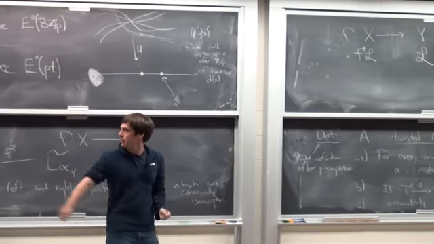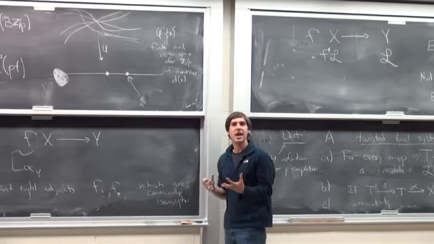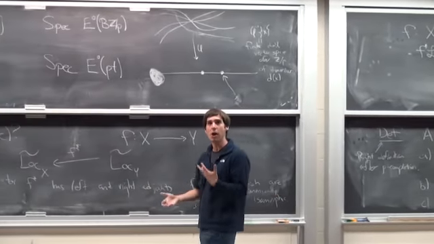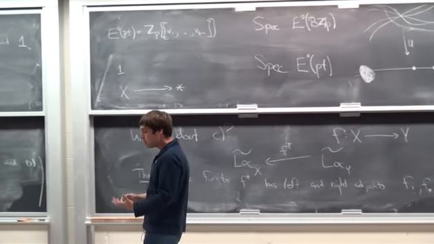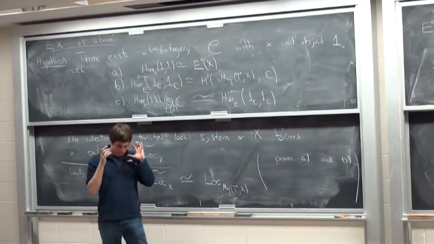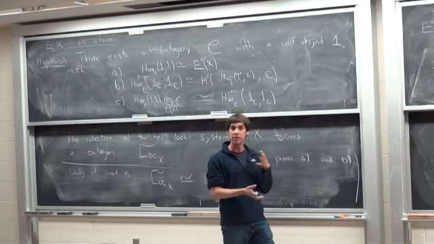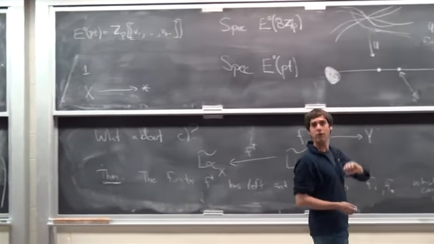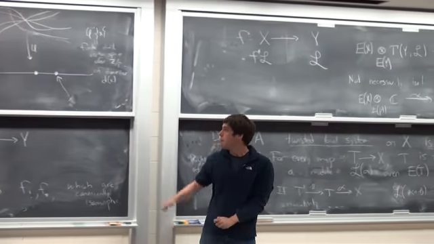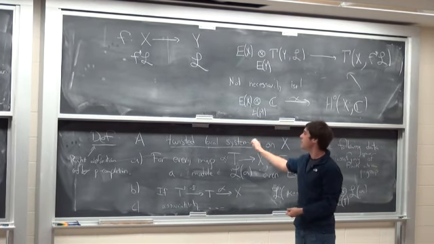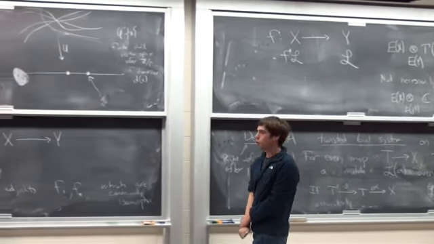So condition C over there is saying that you can first take cohomology and then tensor, or first tensor and then take cohomology. And that's something that you don't generally expect cohomology to satisfy. In fact, if by cohomology you literally mean cohomology of a local system, it's not true. And that's exactly the point of this whole discussion. But if you modify this notion of local system in this way, then it is true.